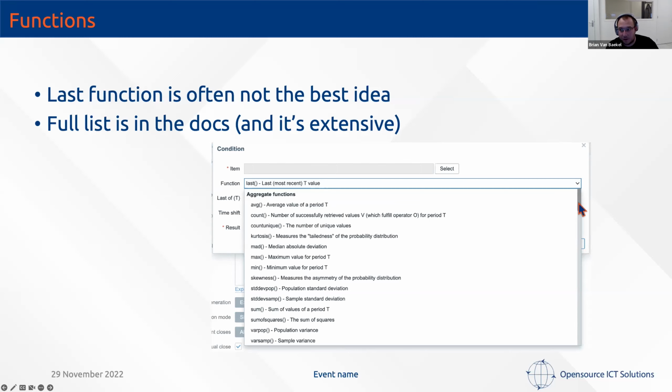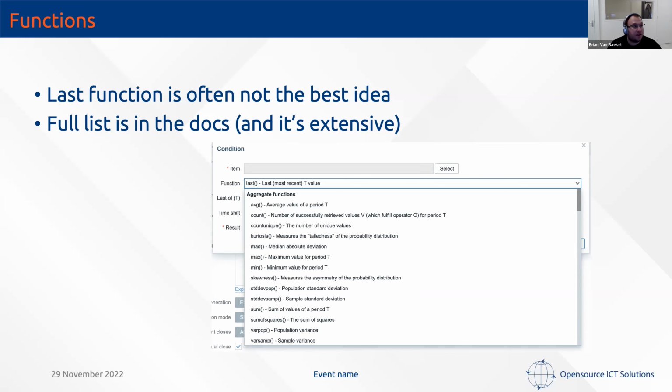I mean, look at this scroll bar. There are so many different functions giving you so many different options. The full list is in the documentation. I couldn't list it here because it's too extensive, but we can use a lot of different functions to define if something is a problem or not. It's really up to you.